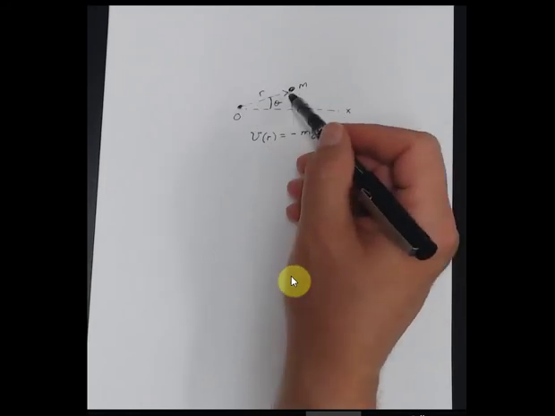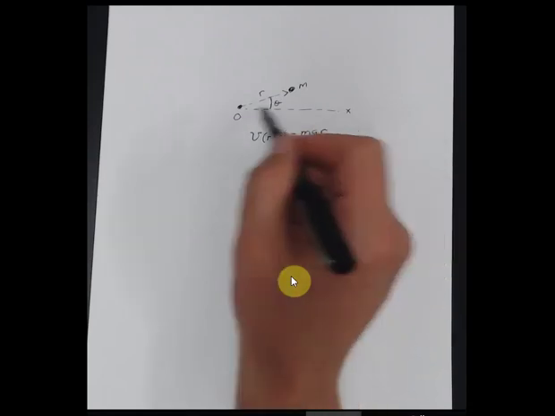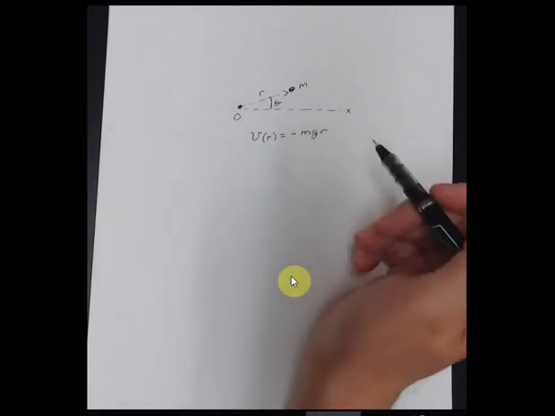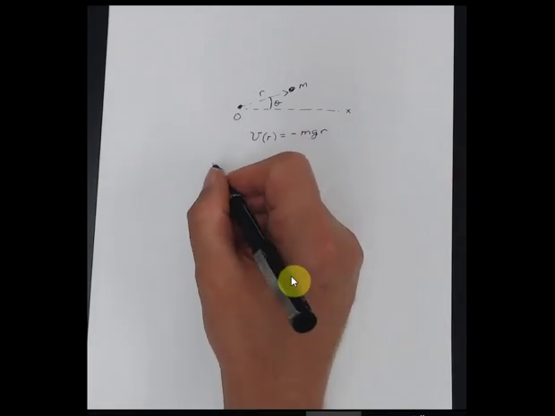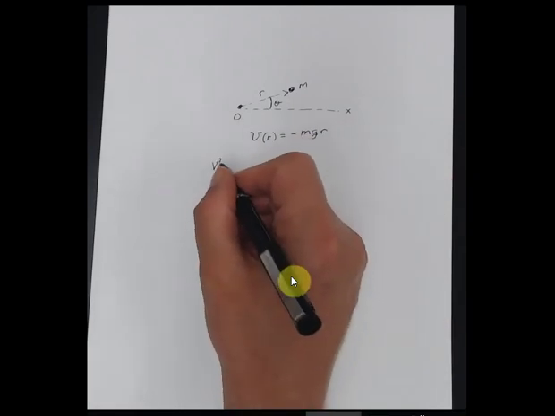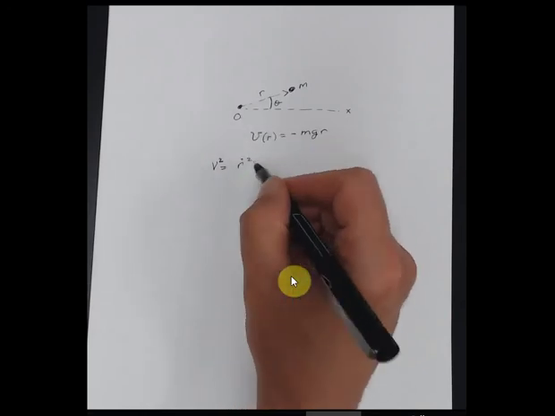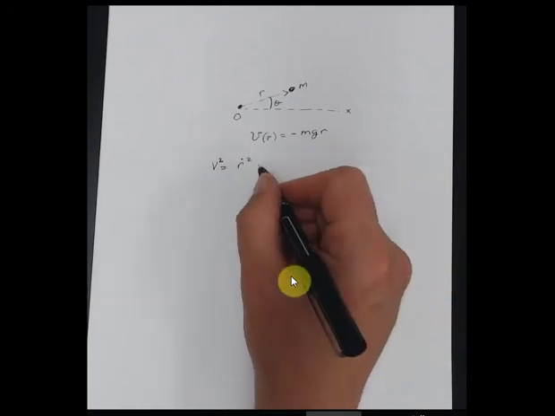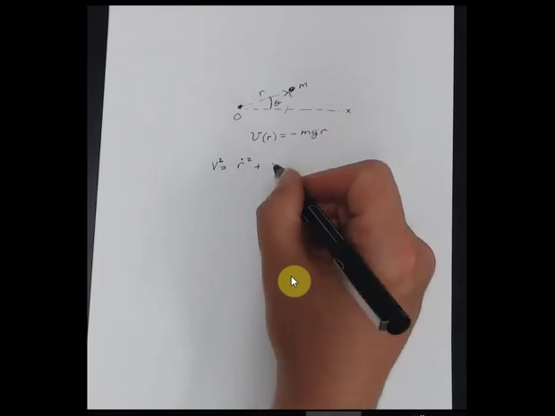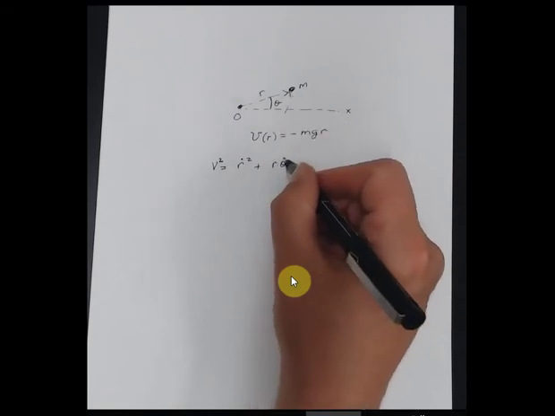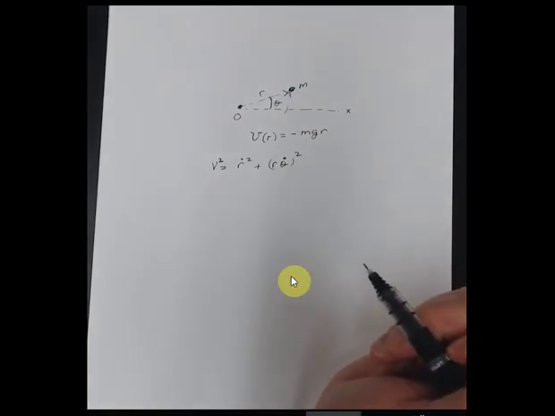In this case, r, how far it is from the origin, and theta, its orientation with respect to some axis, what I'm calling the x-axis. If you write down v squared, it's going to be r dot squared, and this is in polar coordinates, plus this is an arc length there, r theta dot squared, that would be the velocity squared in polar coordinates.